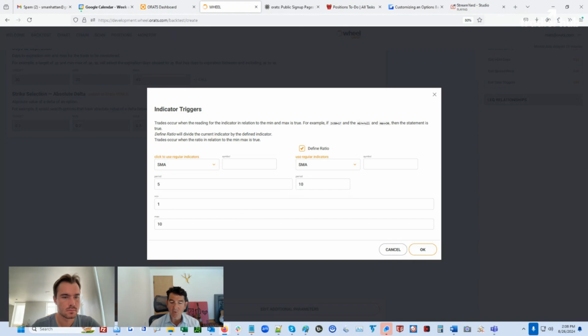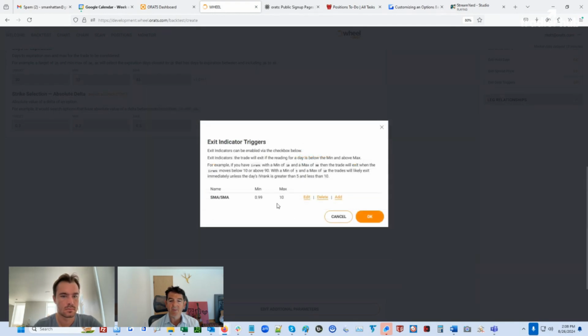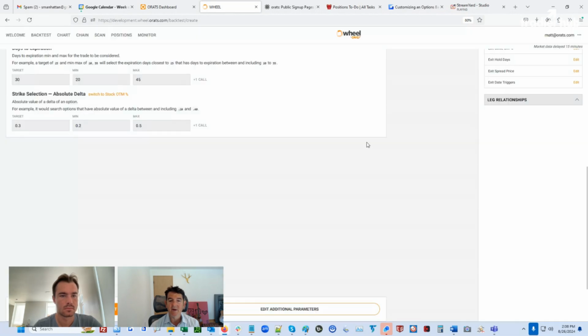So the same would be 1 as a minimum. 10 doesn't really matter. It can't get that high, or I guess it could, but it normally wouldn't get that high. And you could put a little less, so it won't just get out right away. You could put a 0.99.